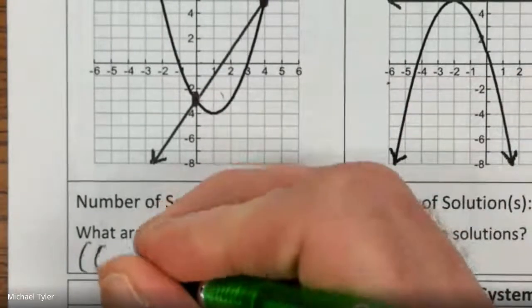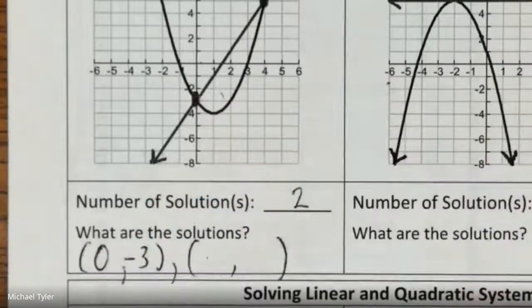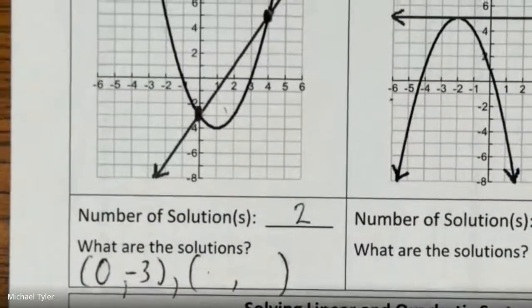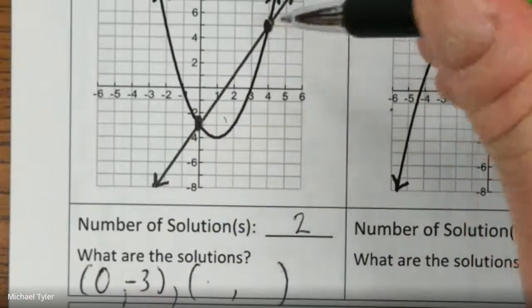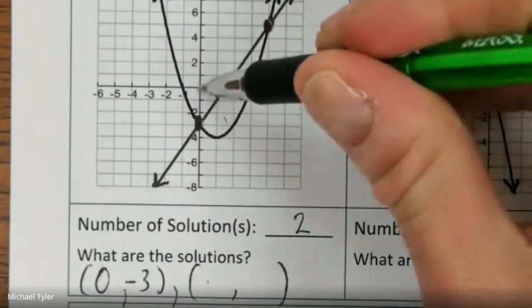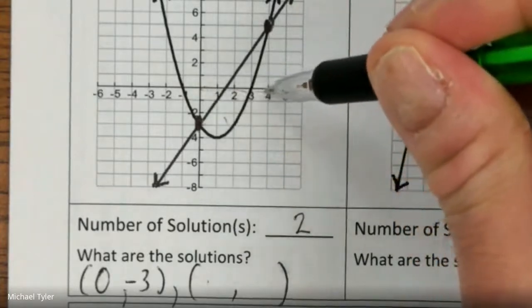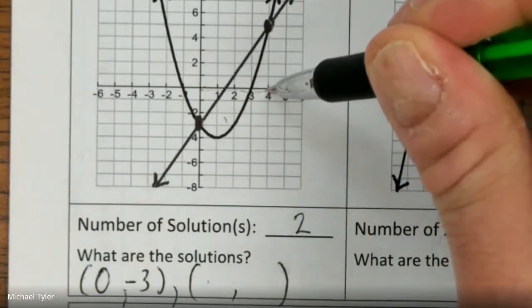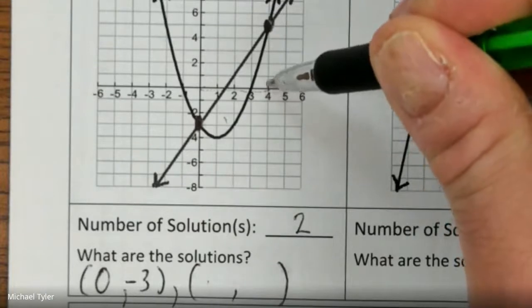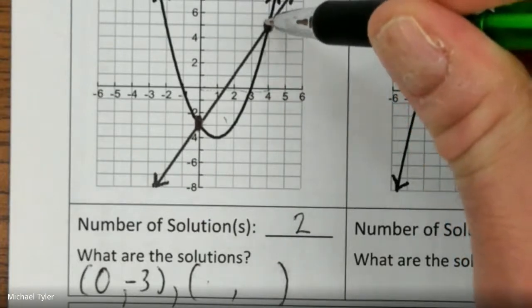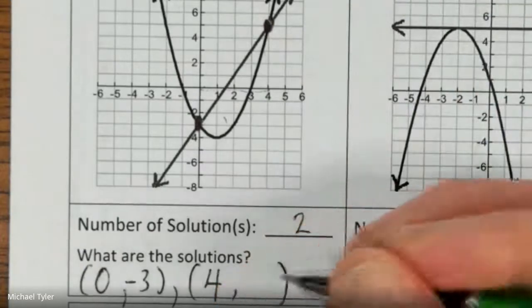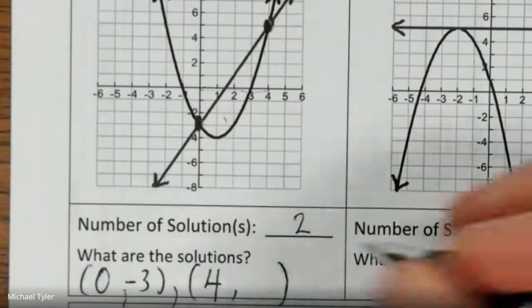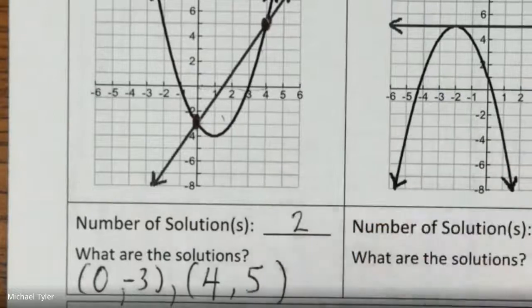That'll be the first one. Now the next point is right here. To get the x value, just count over to get underneath the point, which is 4, and then go up, and I went up 5. So the two solutions would be 0, comma, -3 and 4, comma, 5.